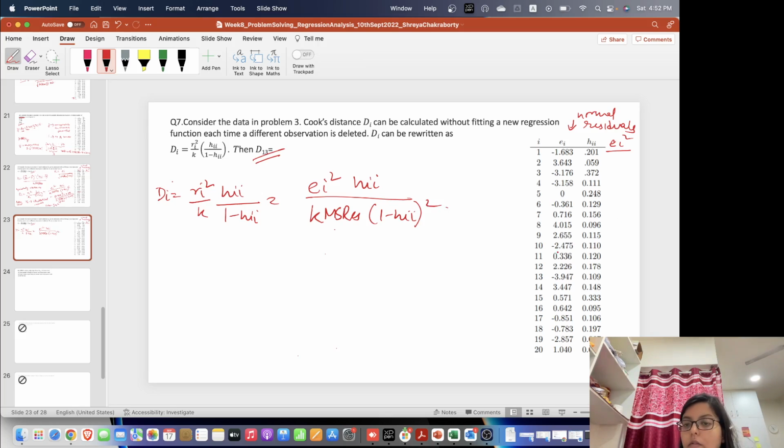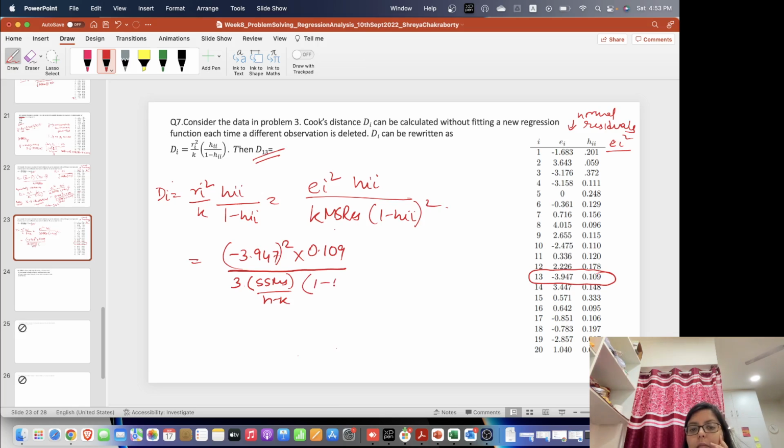Okay, so we were computing this thing for 13. So here we would have something like minus 3.947 whole square into 0.109 by k is 3. This is SS residual by n minus k. This is 1 minus 0.109 whole square.